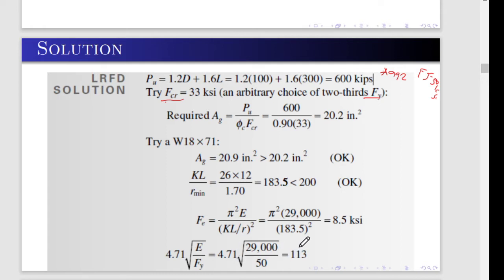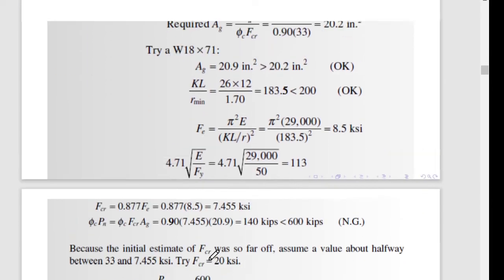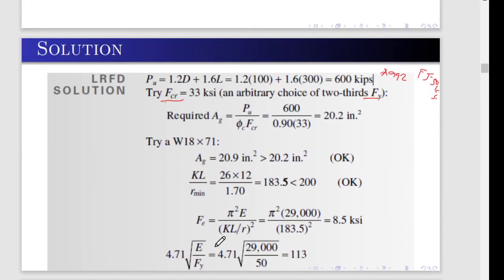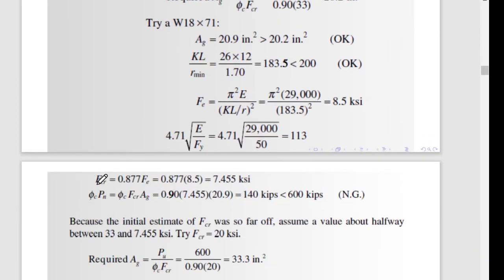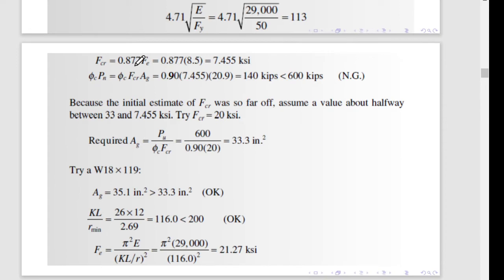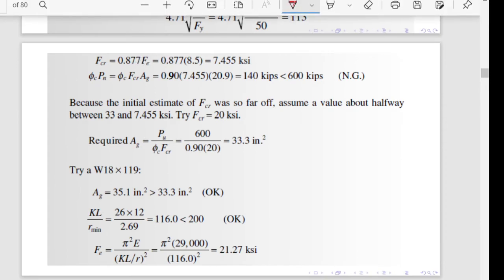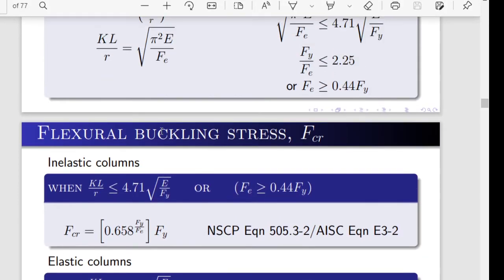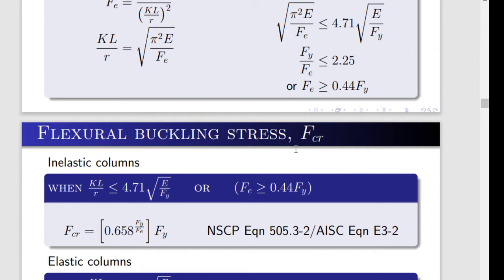And since this KL over r is greater than 113, greater than 4.71 square root of E over Fy, use the NSCP equation, Fcr equals 0.877 Fe, the flexural buckling stress. This is from our previous video.